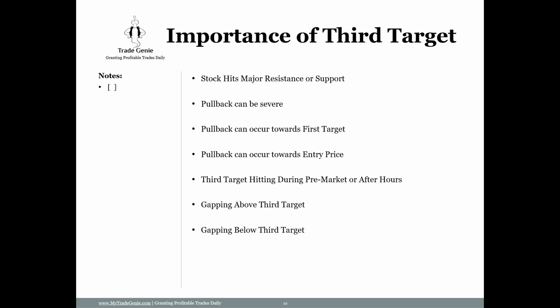Now it has become a resistance, because resistance becomes support and support becomes resistance. So now you have some benchmark to exit, and you consider it a brand new trade, as if you just entered and are now in profit, and manage it. So gapping above, gapping below, the third target hitting, pre-market, aftermarket, all this needs to be taken into consideration.